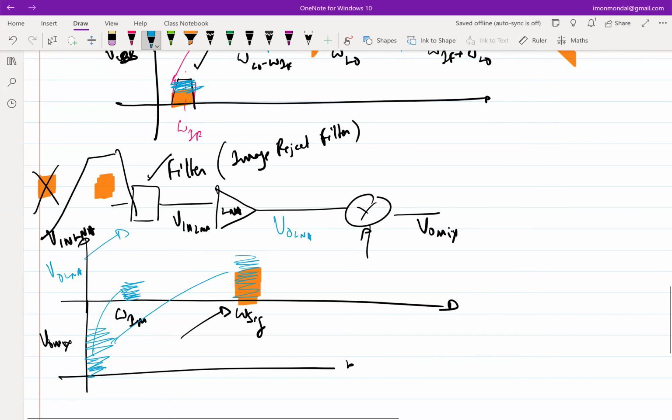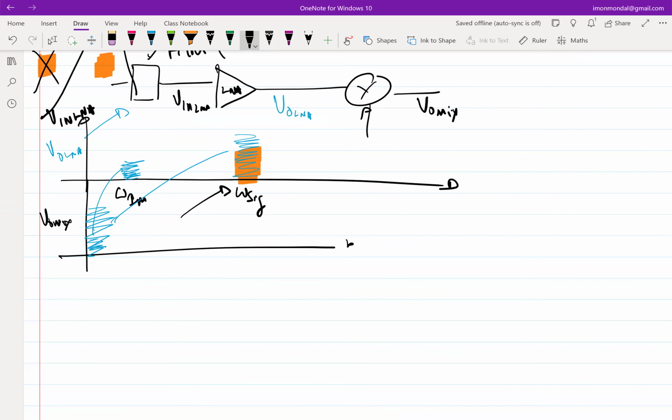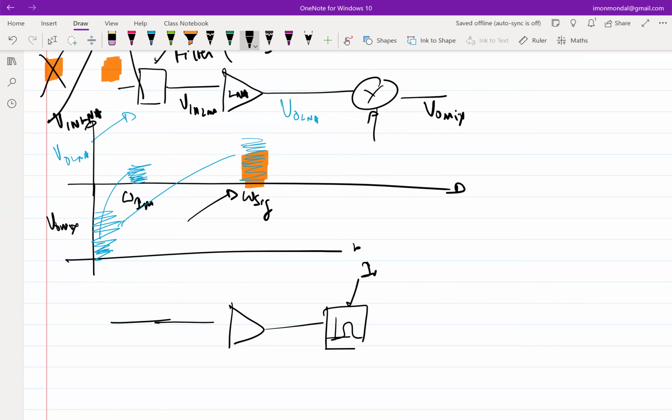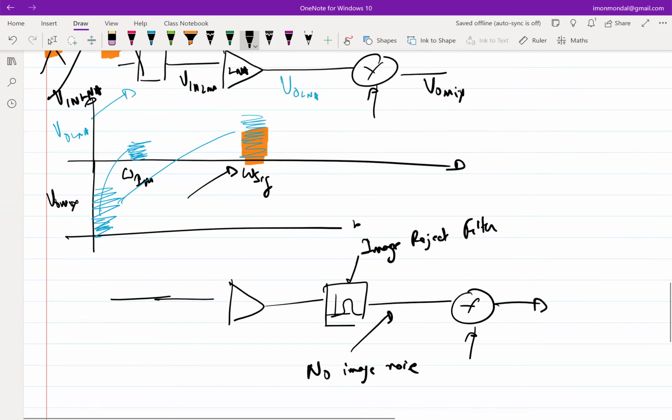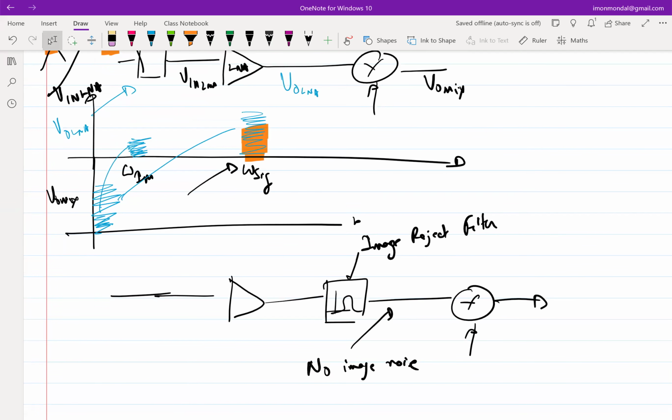But if you use your image reject filter here, then here you have no image noise, right? So this kind of gives you a better noise performance based on that. Okay. Does that make sense?